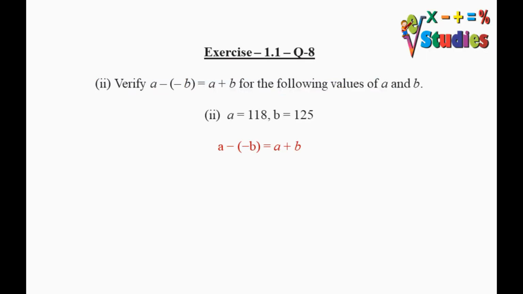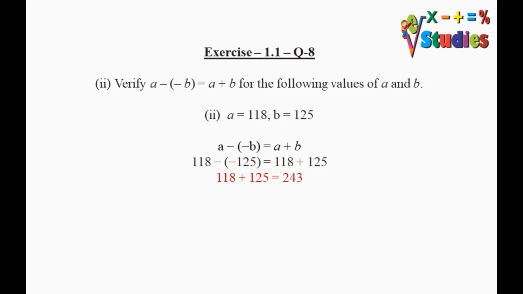When we look at the second sum, the values of a and b are given as 118 and 125. So when we substitute the values of a and b on both sides, left and right, we get 118 minus negative 125 is equal to 118 plus 125.